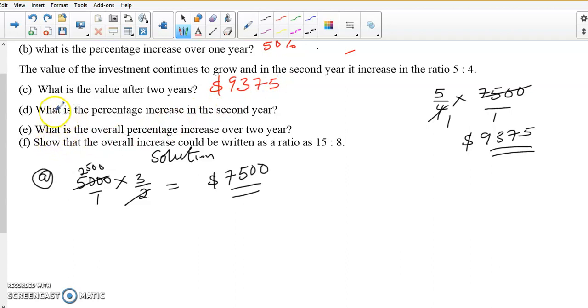Okay. Now, what is the percentage increase in the second year? This is the amount in the second year. This is the amount in the first year.